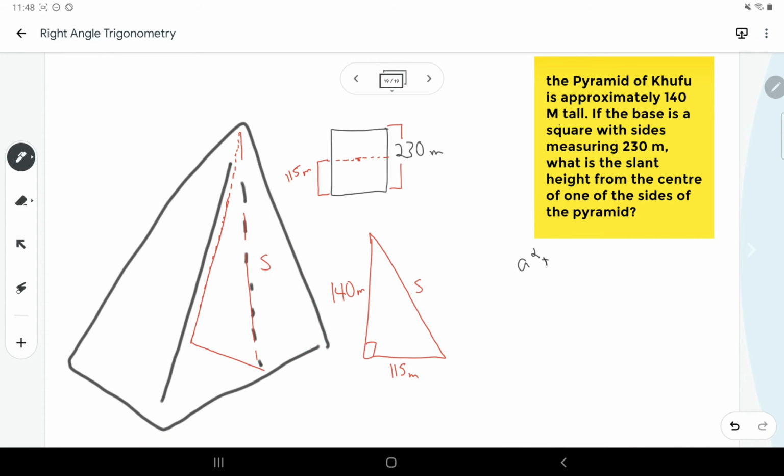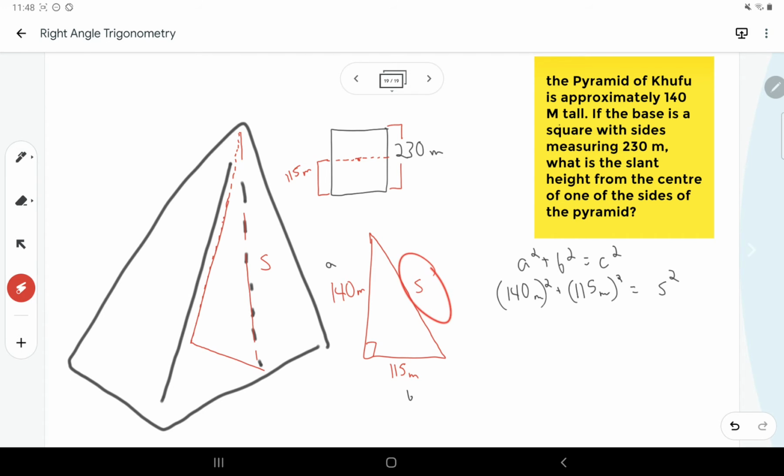So a squared plus b squared equals c squared. We'll call this a, we'll call this b. Again, it does not matter. So that's 140 meters squared plus 115 meters squared equals s squared, since we used s for this side length here.